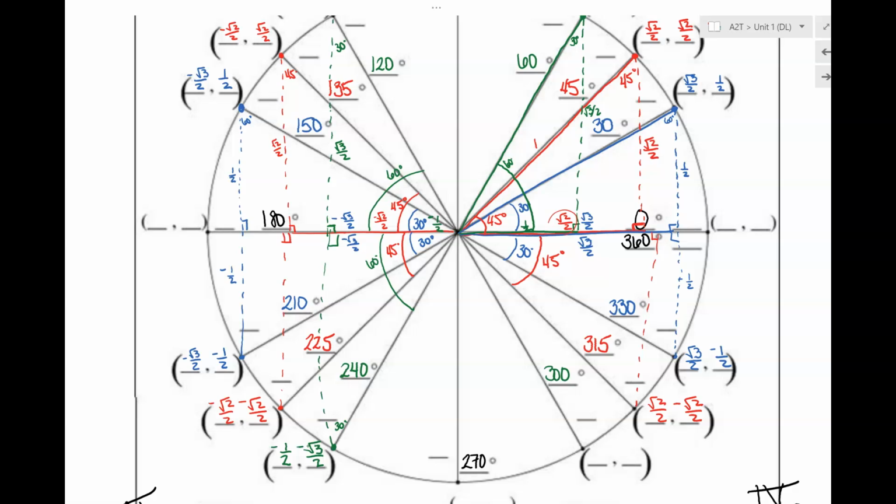Hopefully you're seeing these patterns. It's really beautiful. Okay, so 300, I know you think I'm crazy, is 60 degrees away from 360. So again, we would create that 30, 60, 90 right triangle. And then the x coordinate would be 1/2, and the y would be a negative rad 3/2. There are some beautiful patterns.